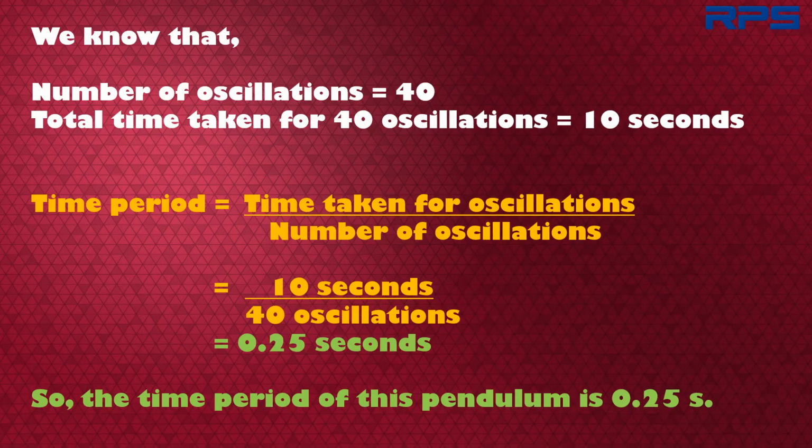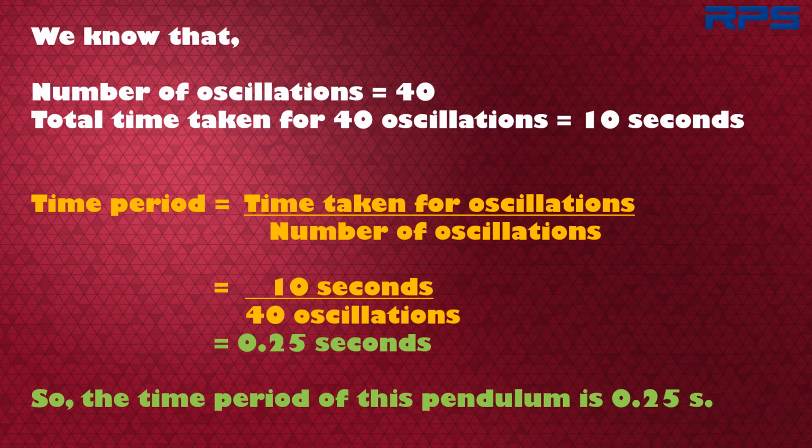Here is the solution. We know that the number of oscillations as mentioned in the question is 40. The total time taken for completing 40 oscillations is equal to 10 seconds.